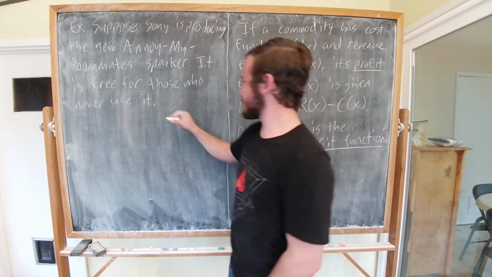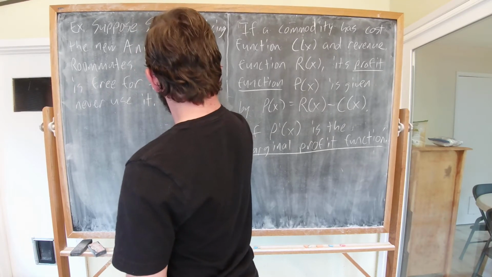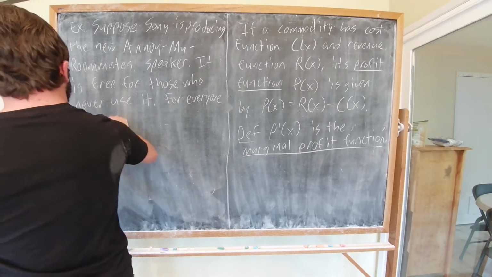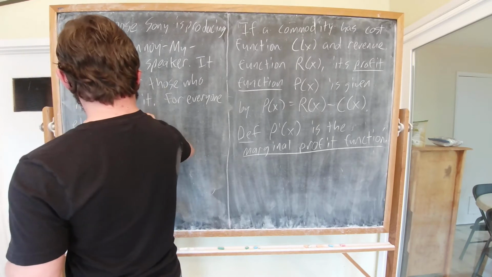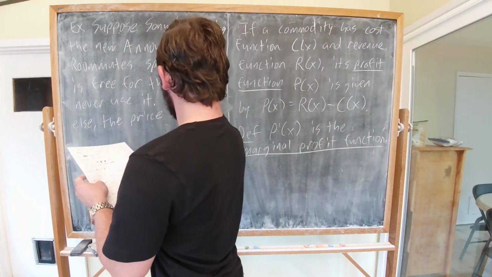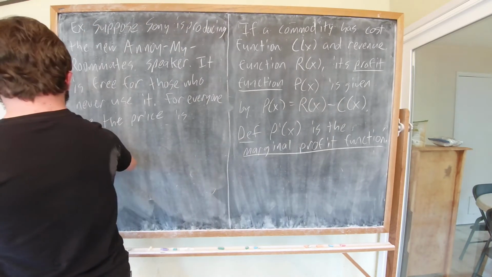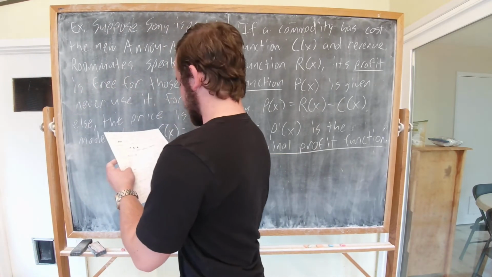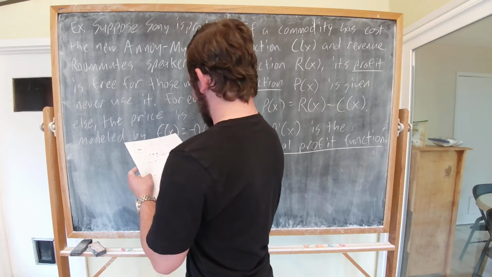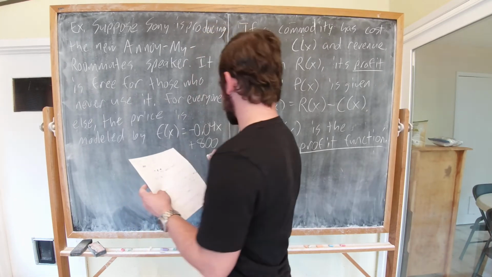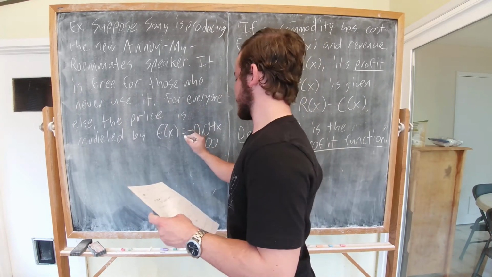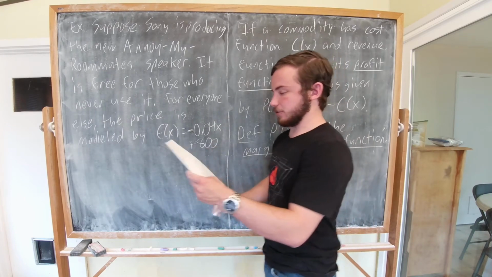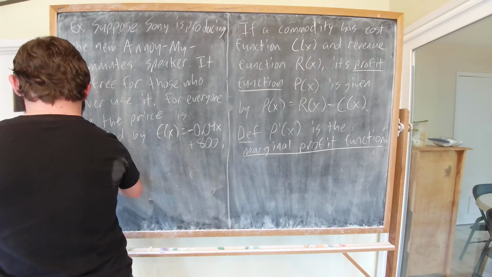But for everybody else, the price is modeled by f of x equal to negative 0.04x plus 800, where x is the number of units sold.